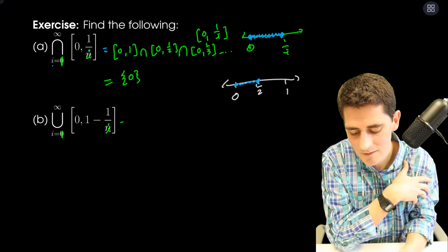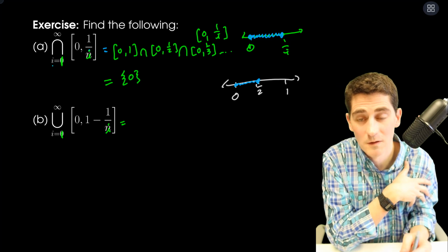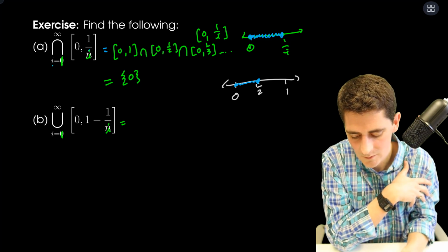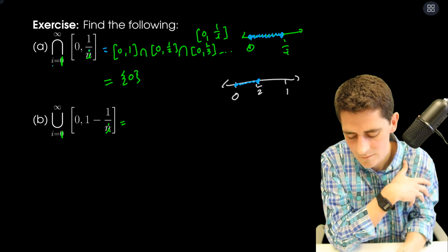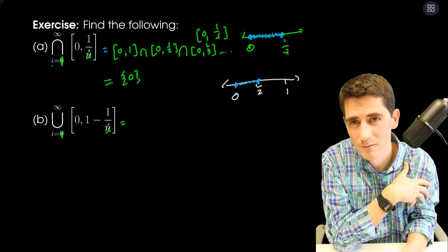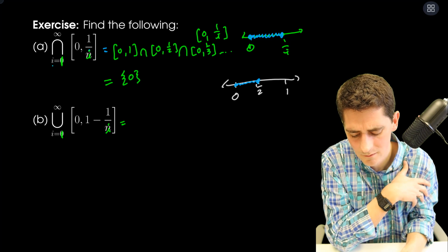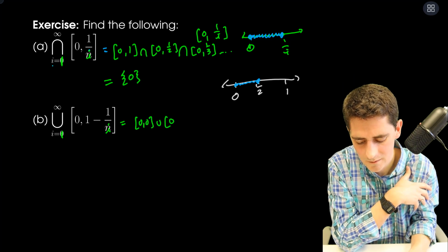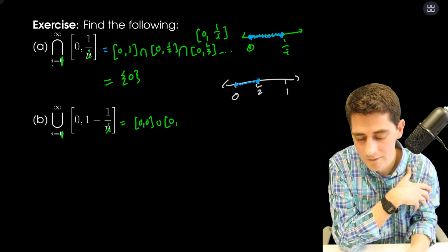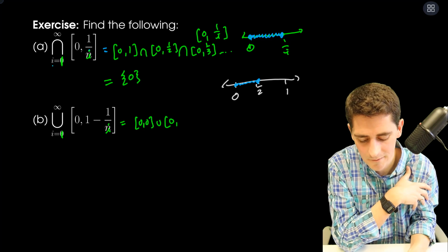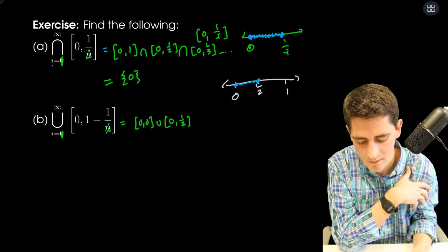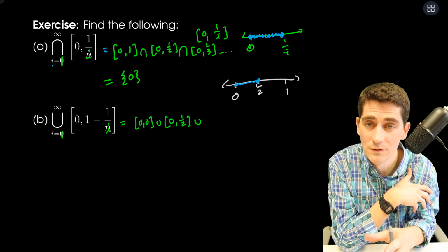Let's look at part B. This time we're doing the same thing, but we're doing infinite union. So let me think. If I had i equals 1, I get 0 to 1 minus 1, which is 0 to 0. Union 0 to, when i is 2, we get 1 minus 1/2, so that's 0 to 1/2. This time we're not doing intersect, we're doing union, right?